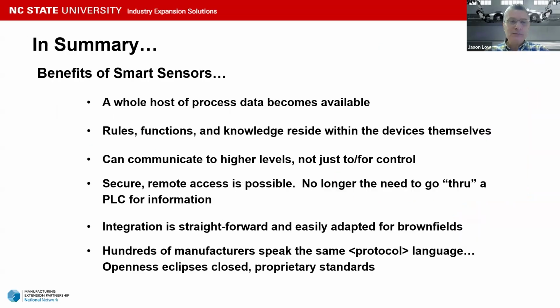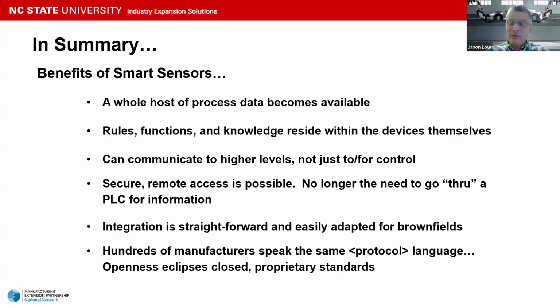So in summary, wrapping up here, the benefits of smart sensors. A whole host of process data becomes available. We spoke of knowing things are there or not is one thing, but knowing some of the higher level information that can be put on the sensor itself, and not necessarily relying on the control system to give us that information.